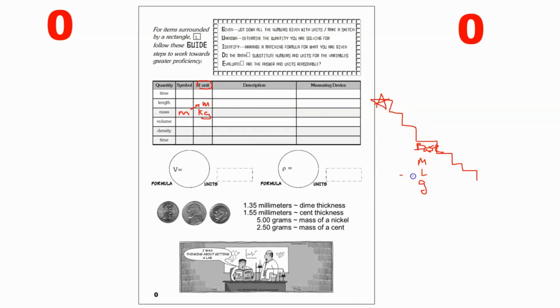The other two, length and volume, measured in meters and liters, the base step happens to be the SI unit. So be very careful in recognizing the official SI unit of mass is the kilogram, not the base step of gram that you're used to with other quantities. Mass is how much matter an object has, and the measuring device is a balance or balance scale. Don't just put scale, you want to specify balance scale.